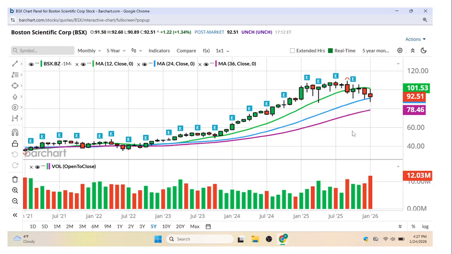And now it's closing at about the 24-month moving average. So that looks like it has some definite selling pressure in that stock.